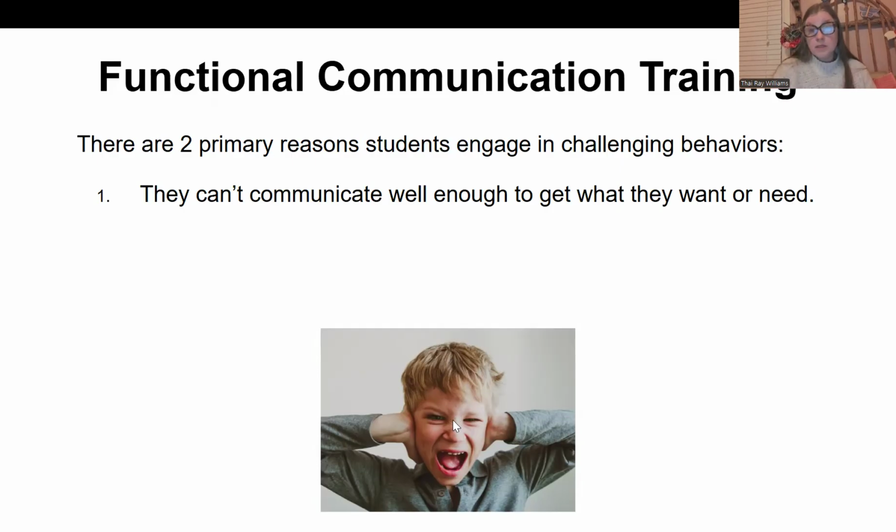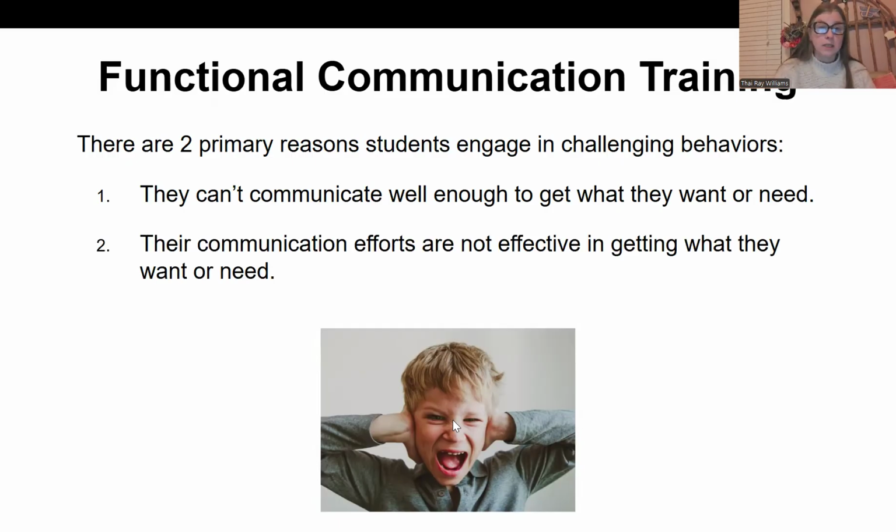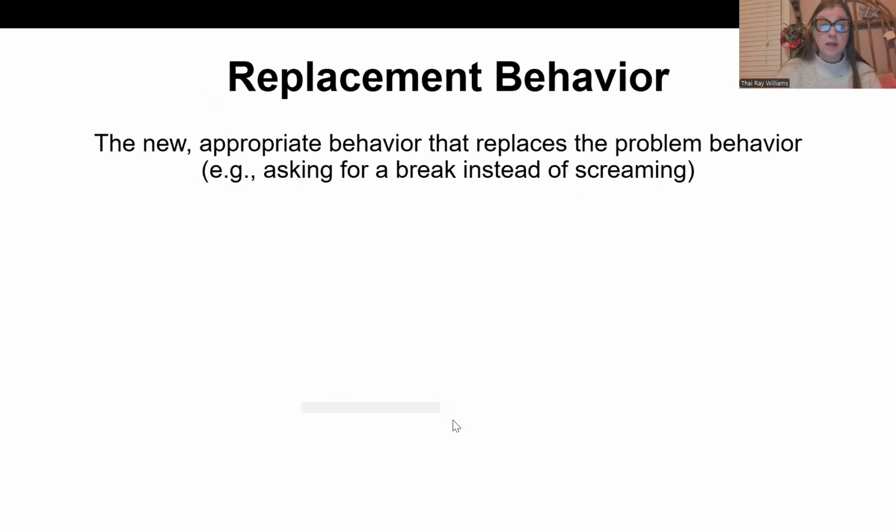And that might not be a desired way to communicate. Or they've tried to communicate, they've made an effort to communicate, and it wasn't effective in getting what they need. So if I'm communicating my needs and I'm not getting it, I'm going to go to another form of communication, and sometimes that looks like challenging behaviors.